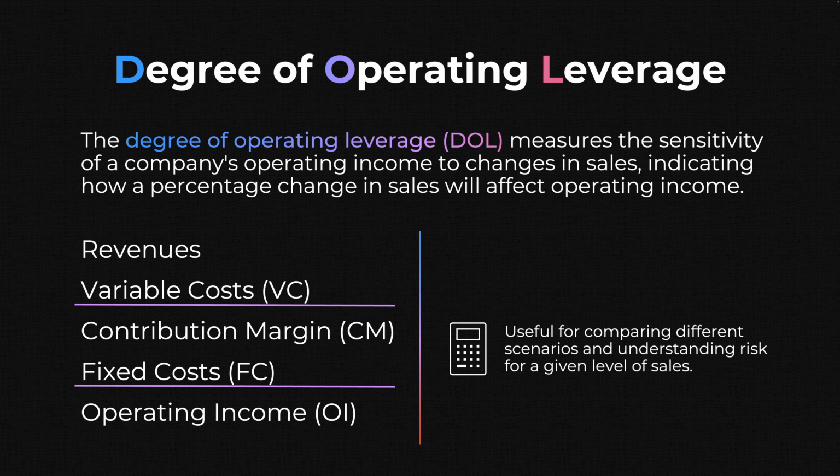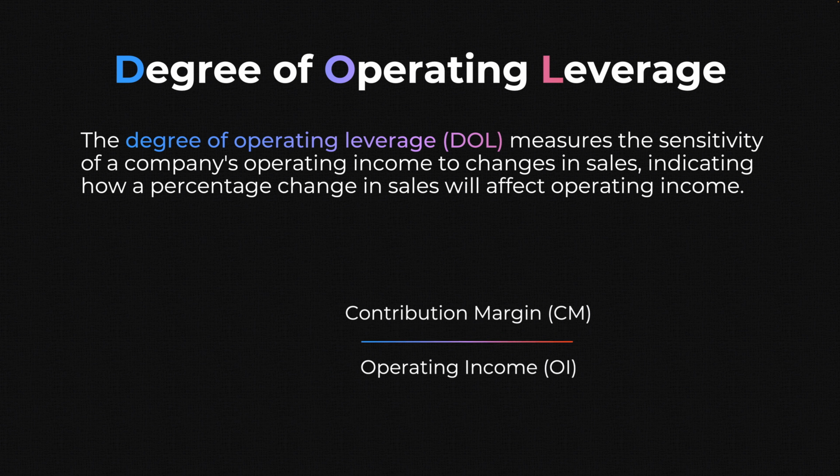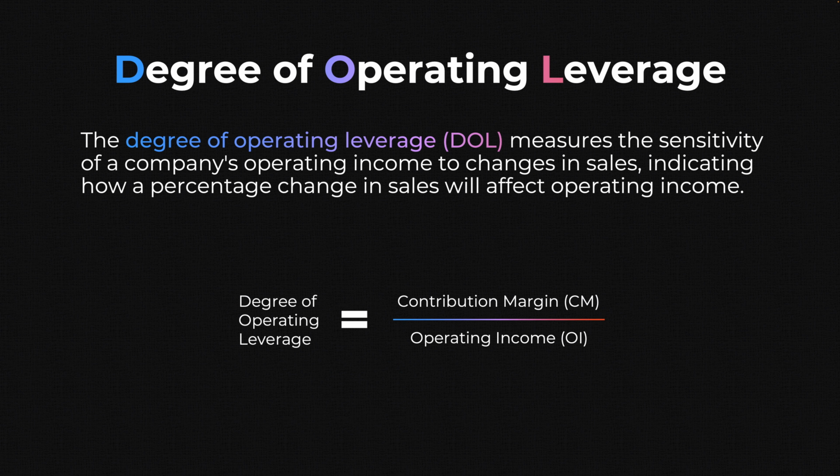When the level of sales changes, revenues change, variable costs change, and those changes are all captured in the contribution margin. So we can simplify our calculations by taking the contribution margin and comparing it to operating income. Thus, the degree of operating leverage is equal to the contribution margin divided by operating income.